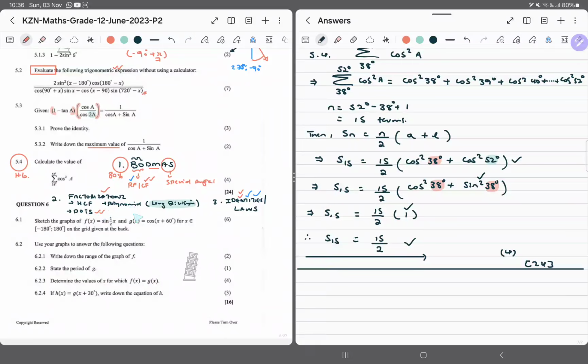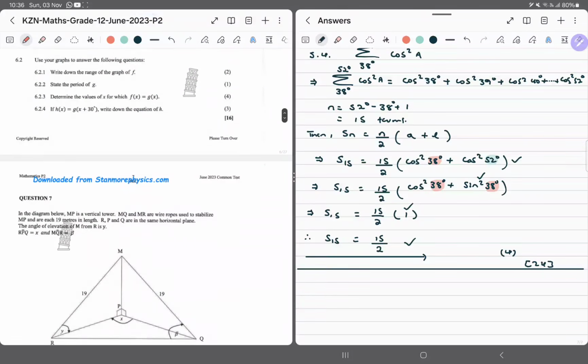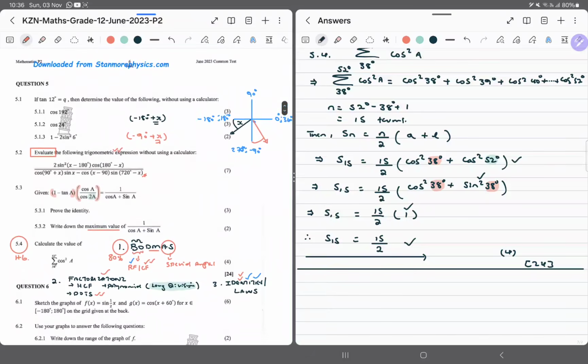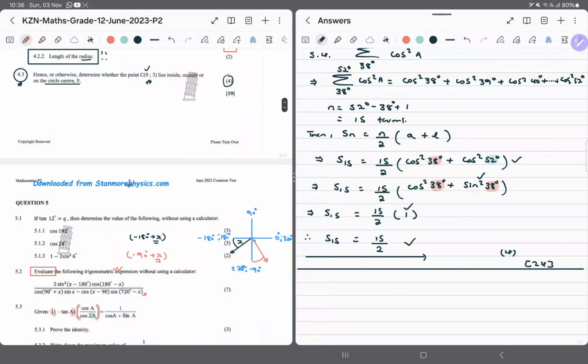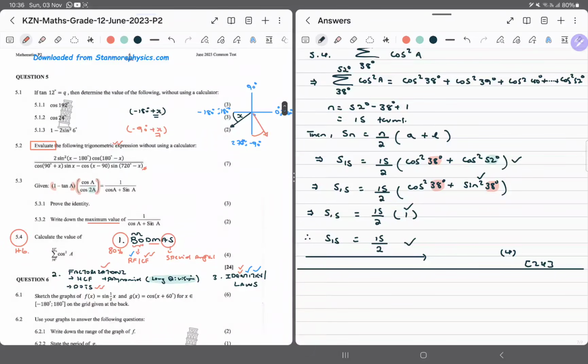But expect it anywhere in trigonometry, especially between question 6 and question 5. Because question 7 is applications. You will hardly get that, okay? I'm saying you will hardly get that. Doesn't mean you won't get it, okay? You never know what the examiners are thinking.